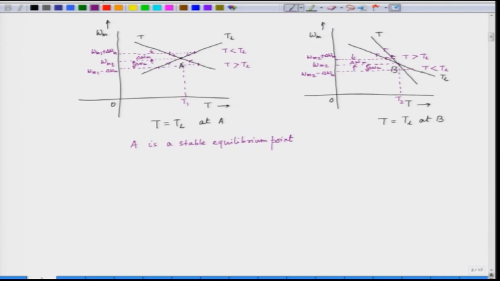So, the motor is less powerful than the load, and the speed will further decrease. So, the operating point will go away from B. This is how the operating point will travel. So, it means point B is an unstable equilibrium point.